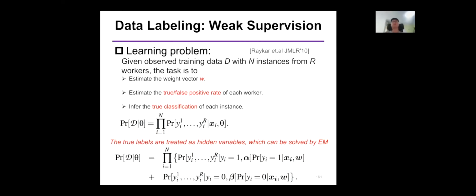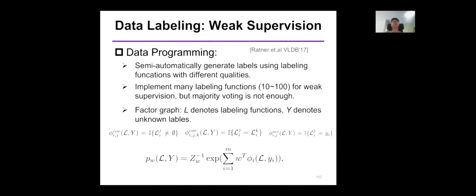So learning from imperfect labels trains directly from these imperfect labels. Given the observed training data D, they directly estimate the weight factor, estimate the quality of the workers, and infer the classification of each instance. They can use the EM algorithm to conduct this.